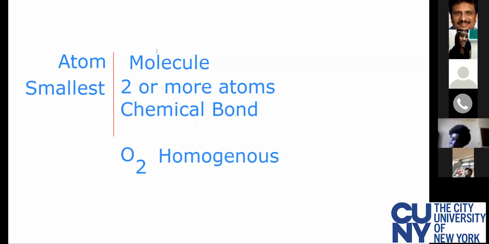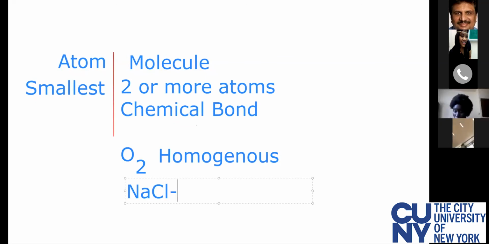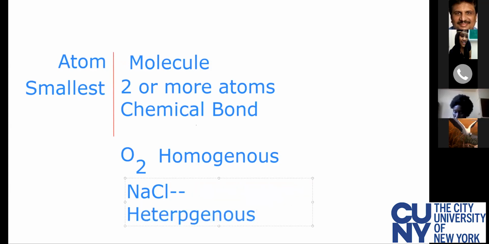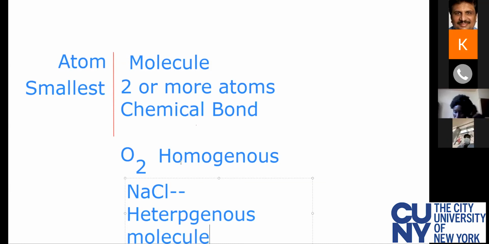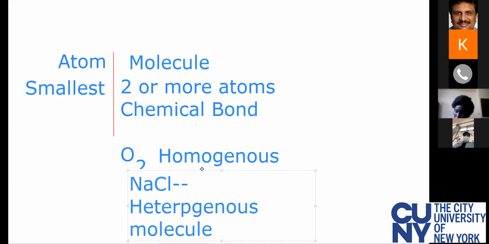There could be a situation such as the molecule sodium chloride, which is common salt. This molecule is made up of two different atoms, so this is a heterogeneous molecule, right? So an atom is the smallest particle that can exist by itself.